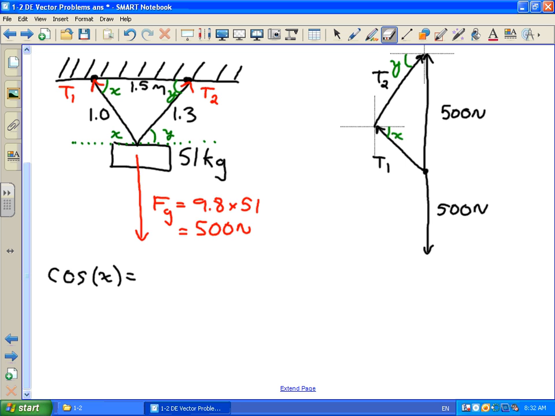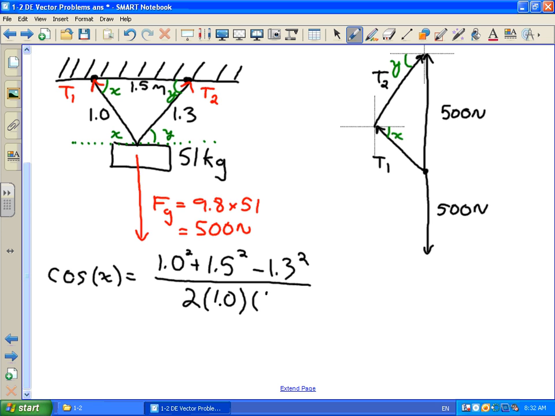We want, on either side of x is 1.0 and 1.5, okay, minus 1.3 squared divided by 2 times 1.0 times 1.5. So we work all of this out, and we get that angle x has got to be 58.67 degrees.